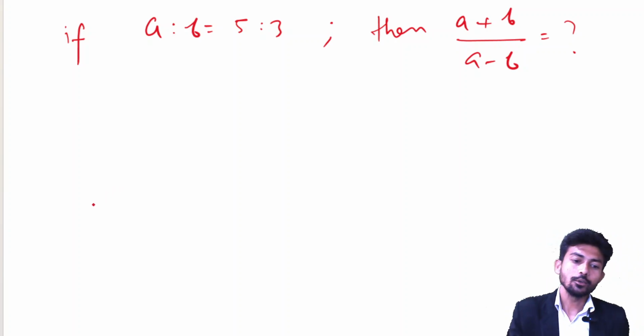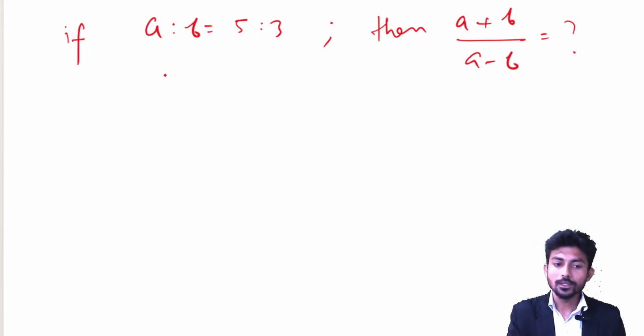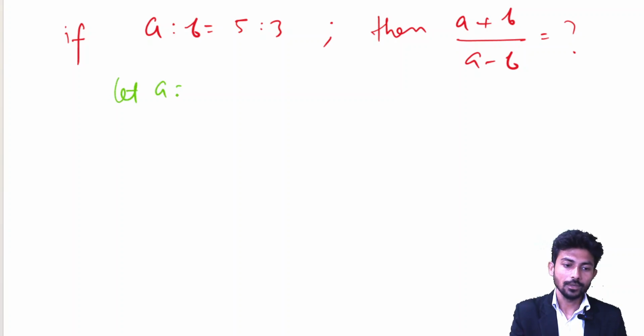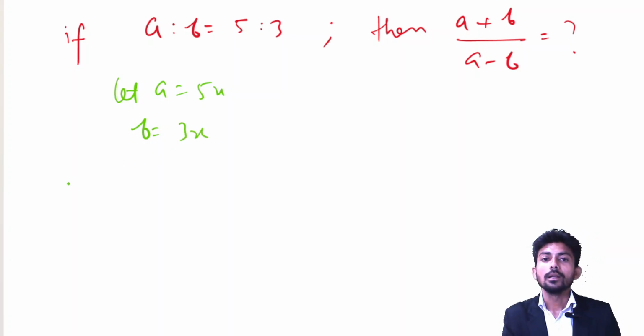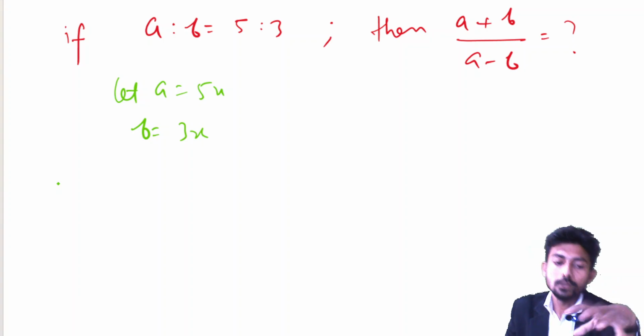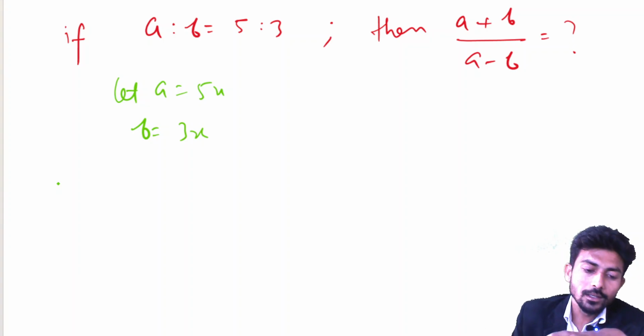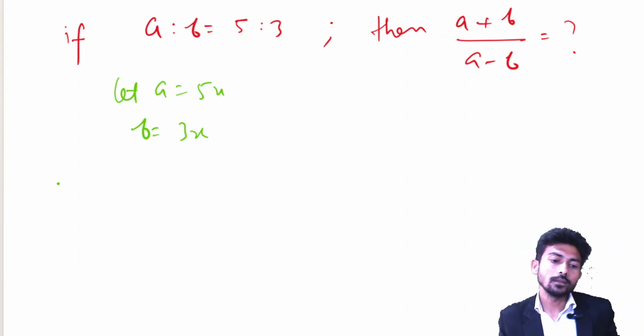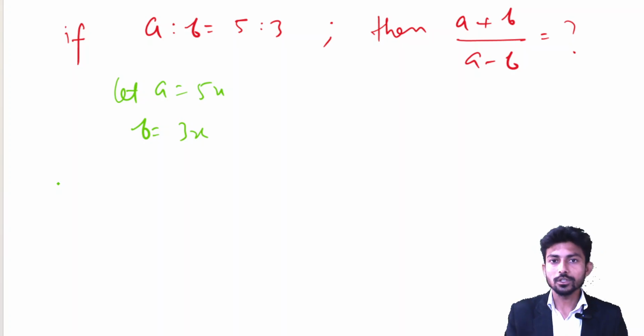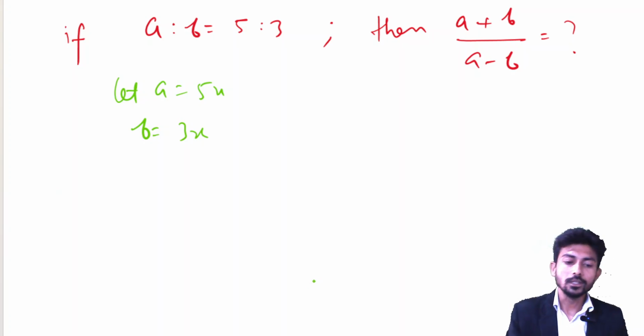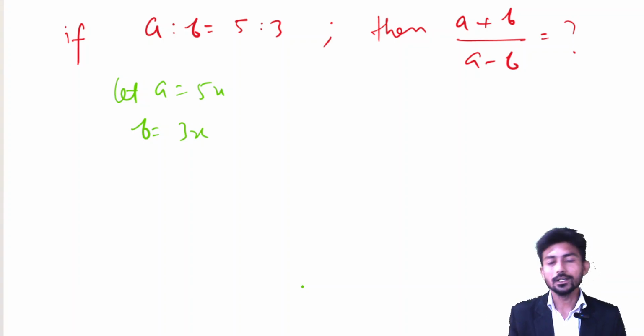Now for this kind of problem, in the conventional method that I just discussed for the last situation, what we were doing earlier was that I could take A as 5x and B as 3x. This method is not preferable in aptitude, but I'm just writing here how we were doing it earlier. Here we'll be avoiding x because that is time consuming.